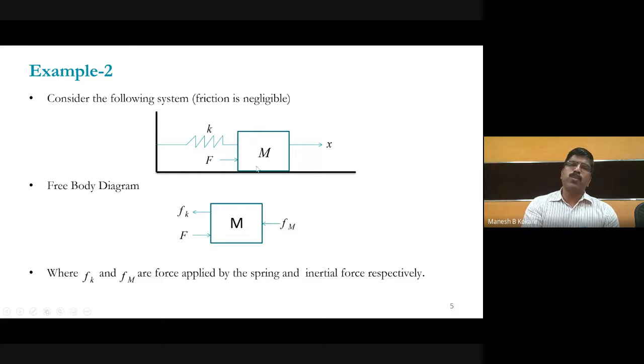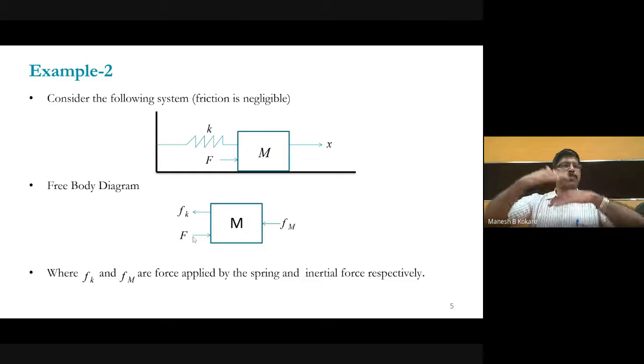Similarly, this mass will also resist this force F, and this mass force is given by Fm, which is in the opposite direction. Now see that this F force is from left to right, and the opposite forces offered by the spring element and mass element are from right to left, right?